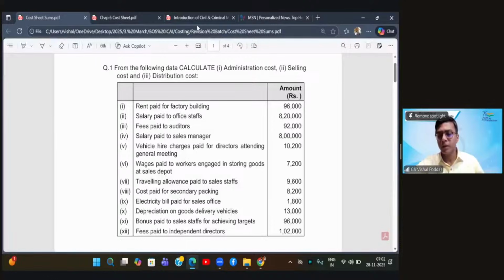Now, students, as you all know, when we are doing any accounting, maybe financial accounting, management accounting, or cost accounting, any accounting's end result is the report. The report we get from a cost accounting process depends upon the purpose and the goal with which we are doing cost accounting.